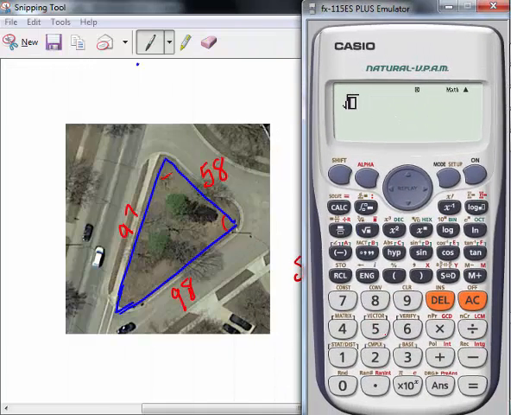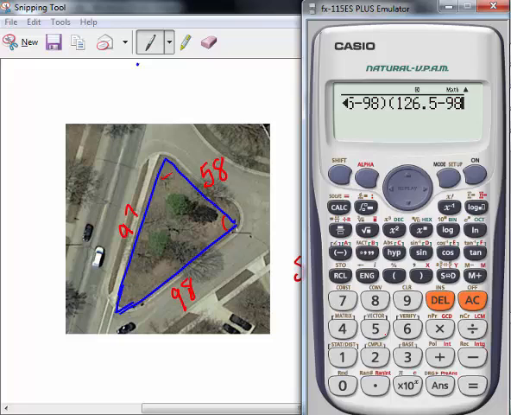Now, to find the area of that triangle, we multiply those four values together under the square root. So we have the square root of 126.5 times the semi-perimeter minus each of the three sides. So I'm going to start with the 97 times the semi-perimeter minus the second side times the semi-perimeter minus the third side.